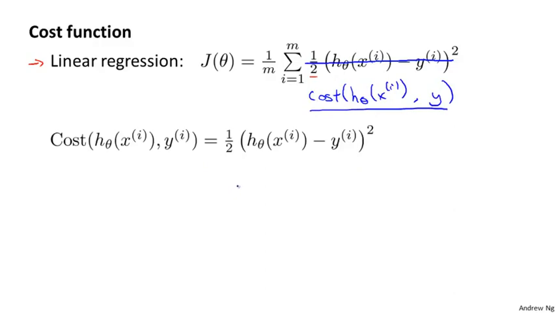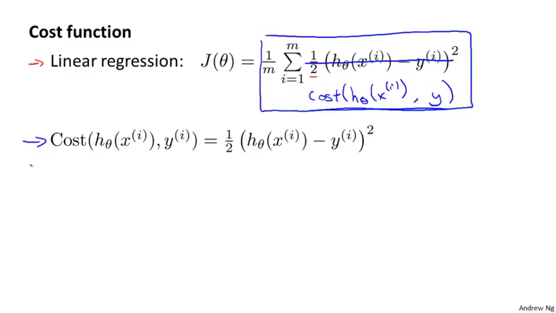So now we can see more clearly that the cost function is 1 over m times the sum over my training set of this cost term here. And to simplify this equation a little bit more, it's going to be convenient to get rid of those superscripts. So just define cost of h of x, comma y, to be equal to 1/2 of this squared error.